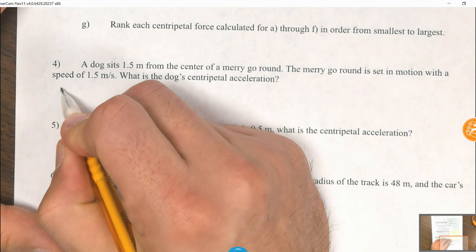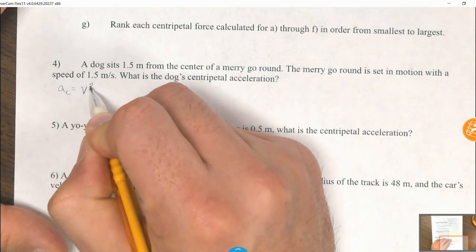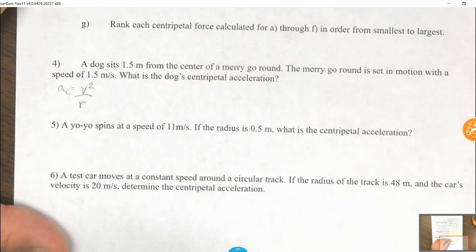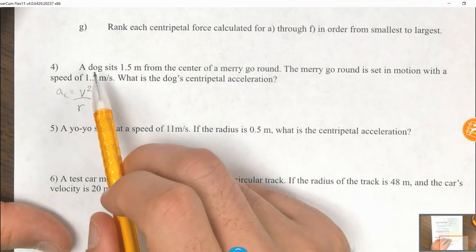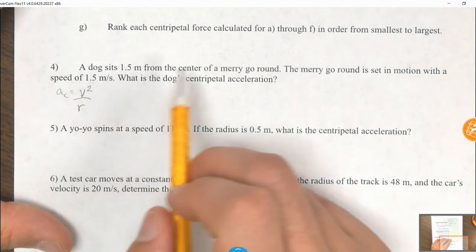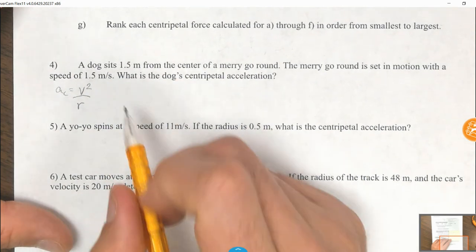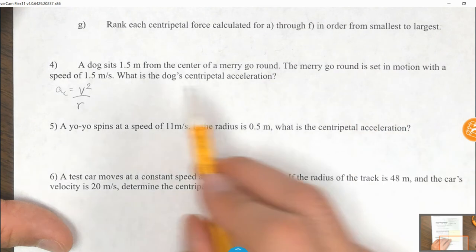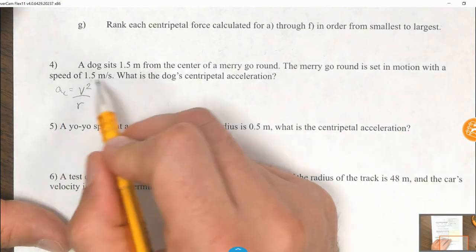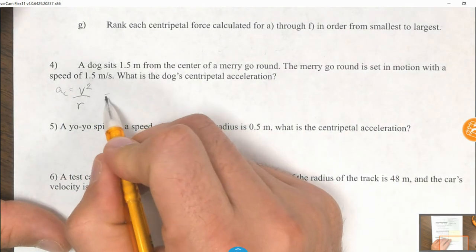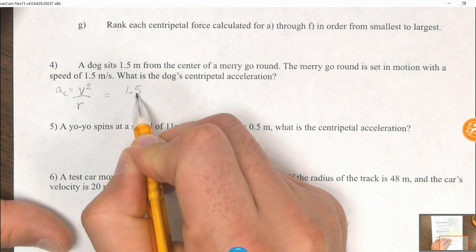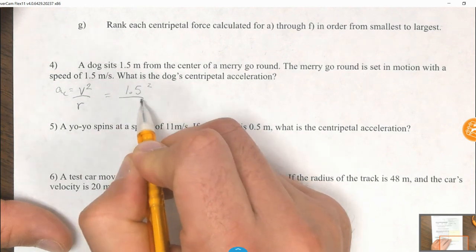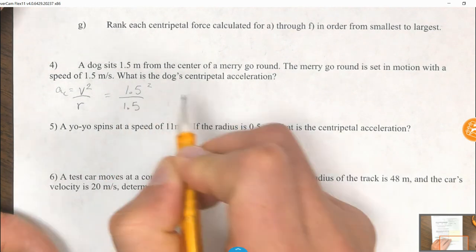So acceleration is v squared over r. So the dog sits 1.5 meters from the center. That's your r. And it has a velocity or speed here of 1.5. That's v. So it'll be 1.5 squared over 1.5.